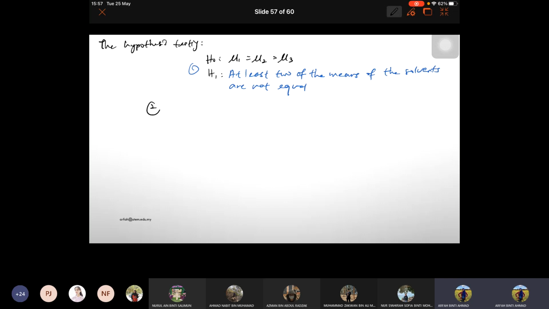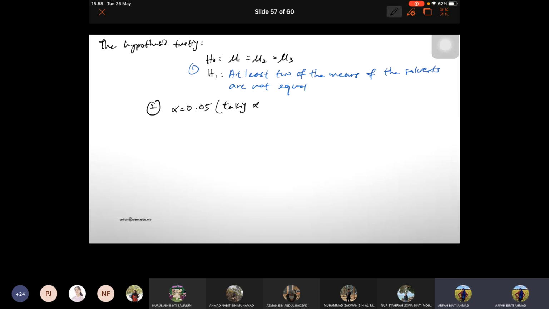Second step, dia kata dia ada cakap tak? Dia tak ada cakap kan alpha. Does it state in there alpha or not? Dalam soalan ada bagi tak alpha? Tak ada. Ada. Tak ada. So kalau tak ada kita ambil berapa? 0.05. 0.05. Okay. The standard is 0.05.